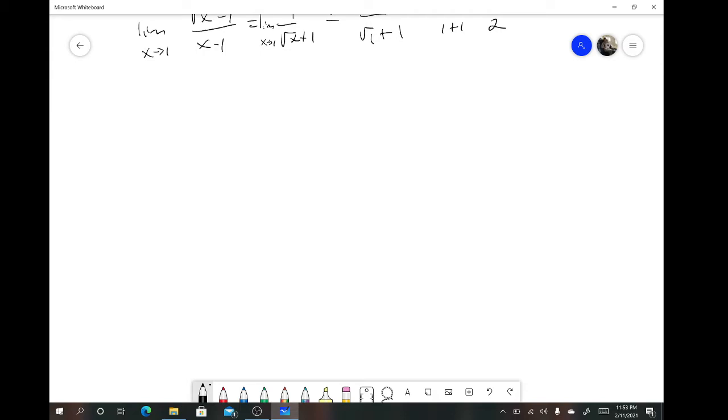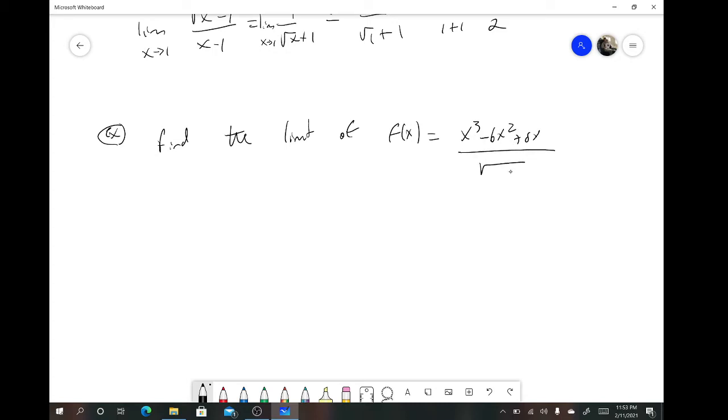Now let's maybe do one more. So example, let's find the following limit. Find the limit of f of x equals x cubed minus 6x squared plus 8x over radical x minus 2, and we want to find the right-sided limit.